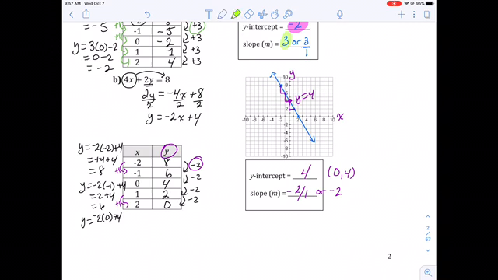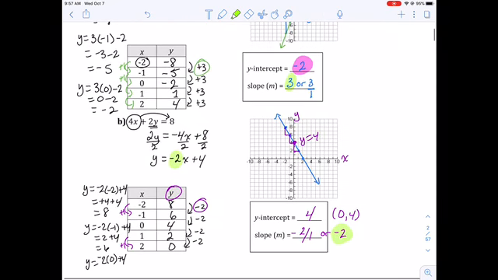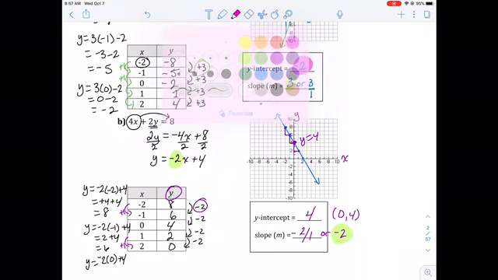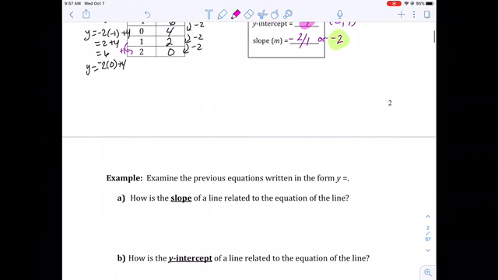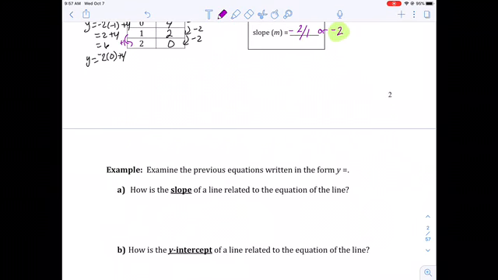And let's look at our equation again. It looks like that slope of -2 is right there in front of the x where we thought it would be. And this y-intercept of 4 is right there, that's the constant on its own. So I think we can see that if we have our equation in the form of something x plus something, this first something in front of the x is the slope, and this last constant by itself is the y-intercept.